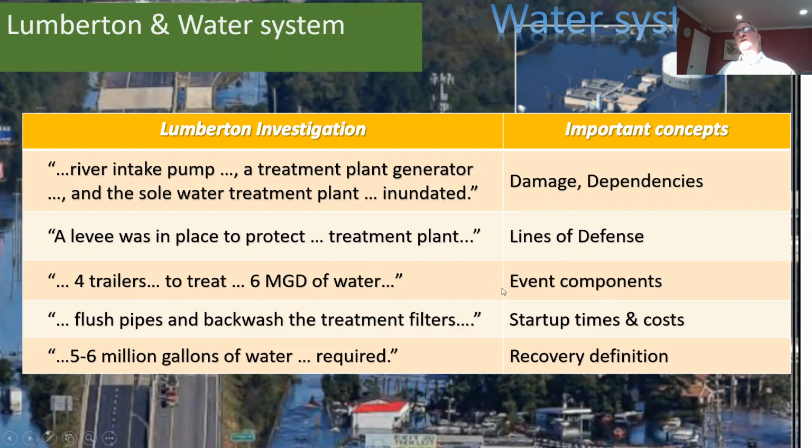Some event components, basically capacities that are brought into play. Portable treatment plant trailers were brought in to treat groundwater, which is relatively clean, and they were able to get a lot of their system restored in a time that would otherwise have been impossible without that temporary capacity.